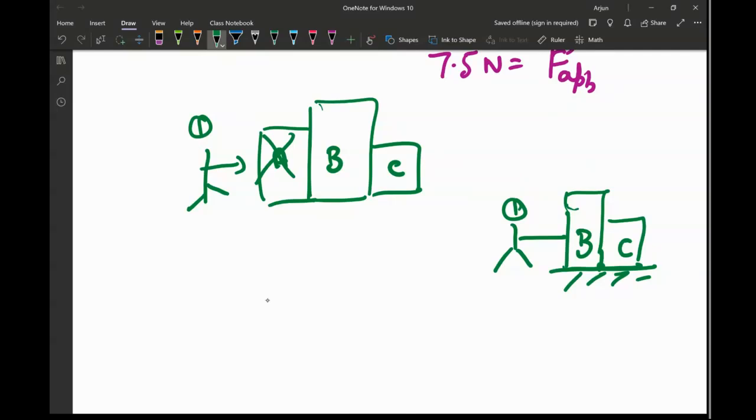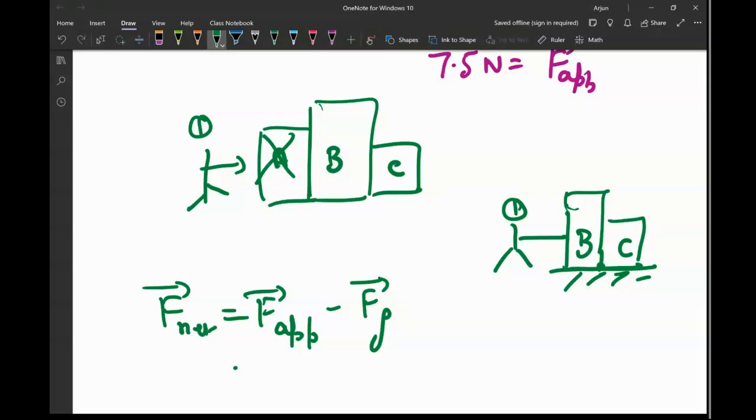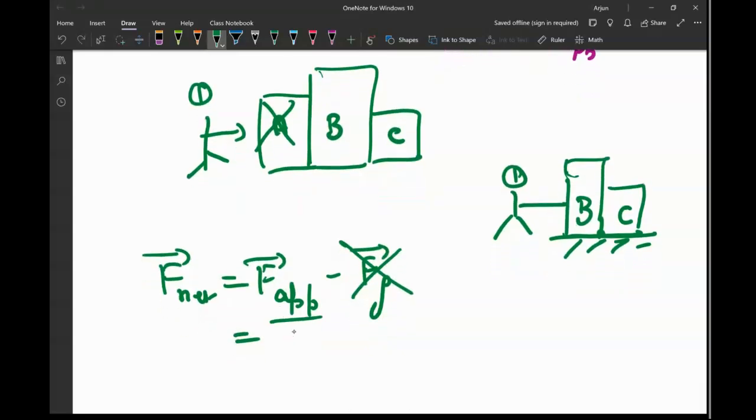First of all, that's what I wanted to find out. Force applied minus force of friction is equal to net force. Now, force of friction in this case is 0. So force applied is what I wanted to find out.